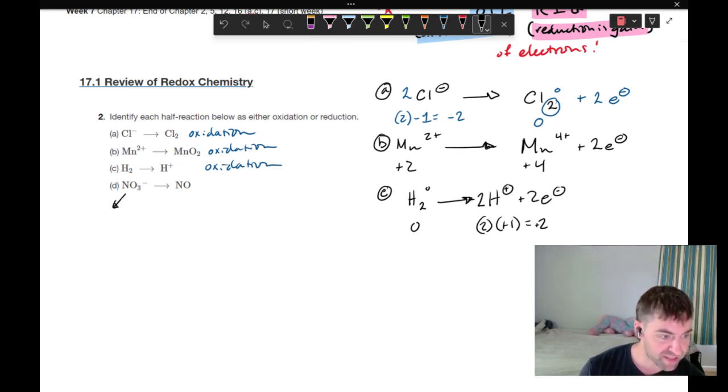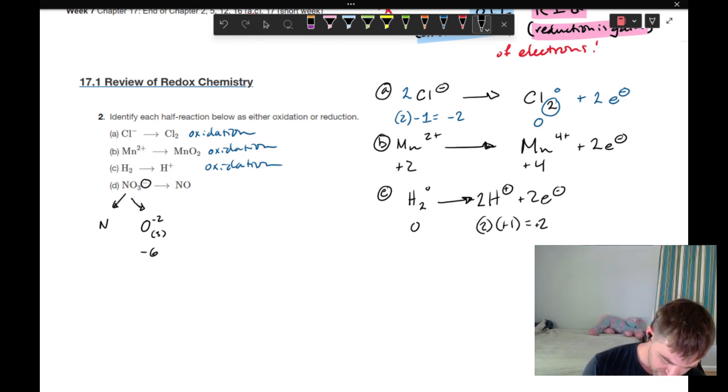So if we split this up, we have nitrogen and we have 3 oxygens. Each of those has a -2 charge. There's 3 of them, so we're going to have -6. The whole ion has a -1 charge, and so x minus 6 will equal -1. So this must be 5.